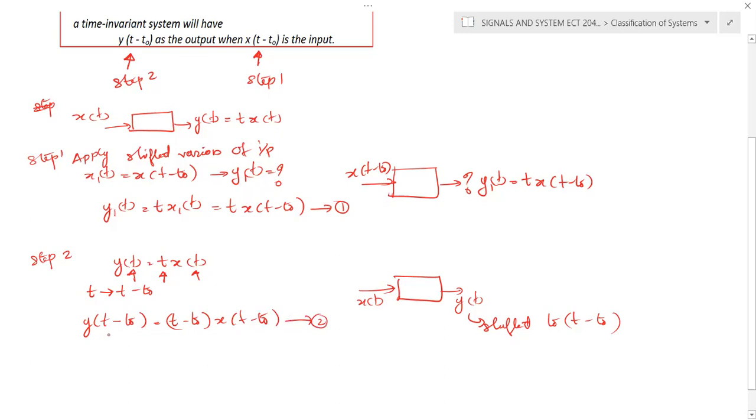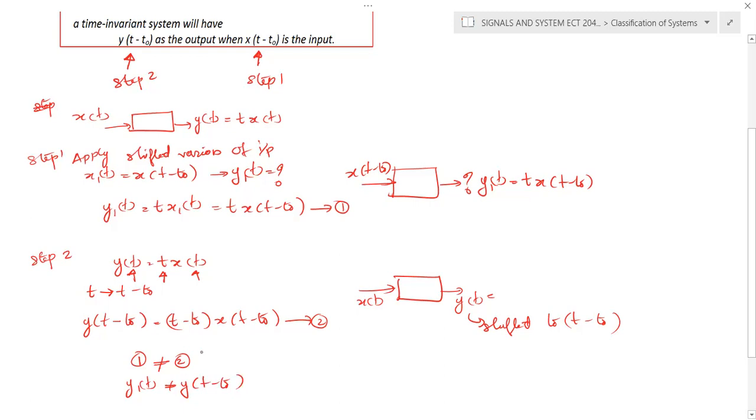So now we got y of t minus t0, and the output corresponding to x of t minus t0. If you compare these two equations, you can see that they are different, that is, y1 of t is not equal to y of t minus t0.